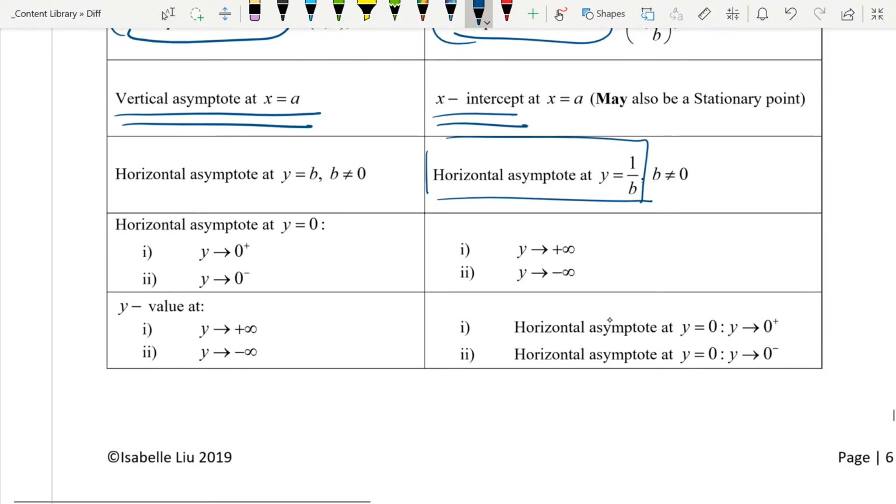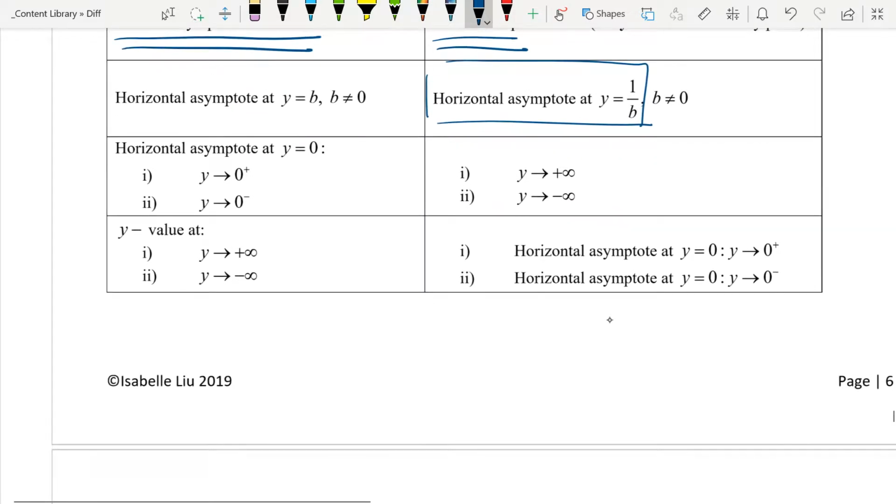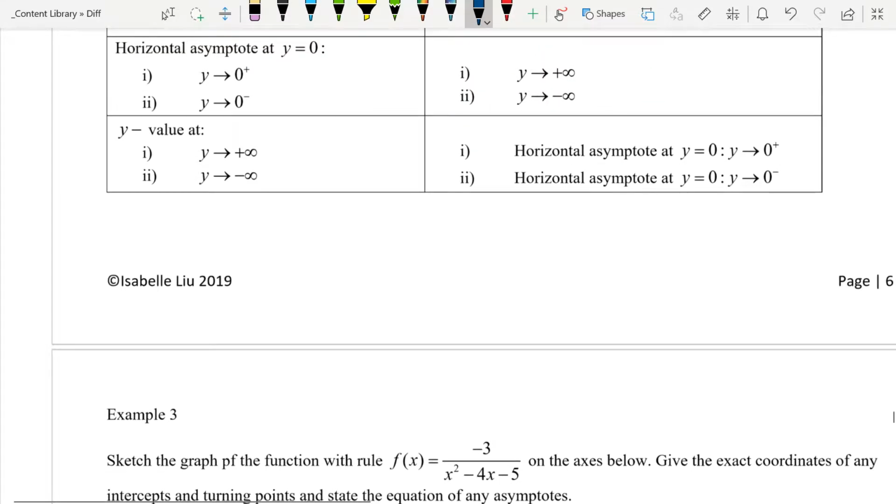And if you have horizontal asymptotes at y equals 0, you will have y approaching infinity. But if you have y value approaching infinity already, you will have horizontal asymptotes at y equals 0. So it's all in pairs.